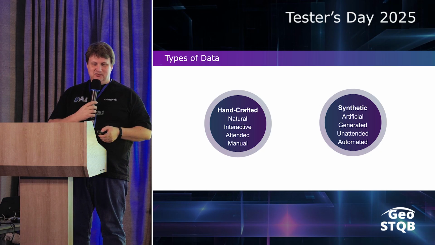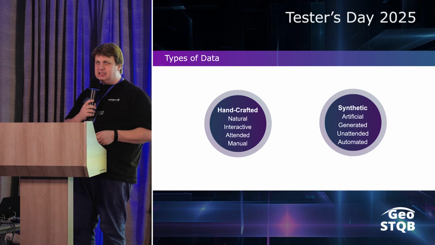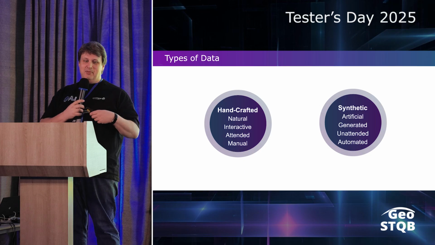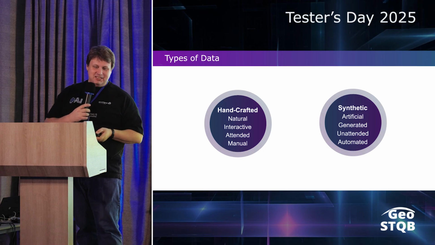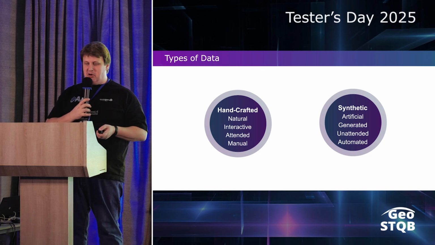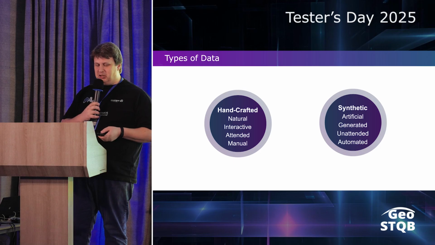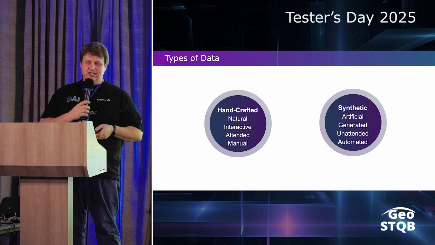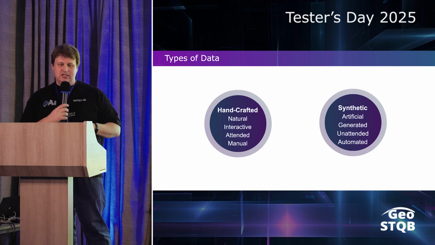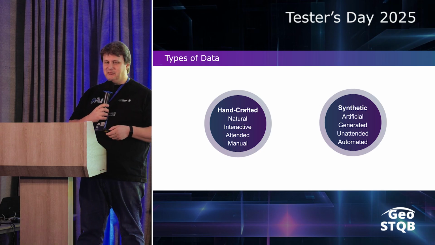And then finally, the synonym for handcrafted is manual, and the synonym for unattended is automated. So this is true for the data. It is possible to have data that is attended, so somebody is working with data. And it is also possible to have data that is unattended.